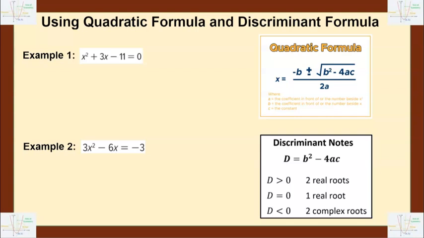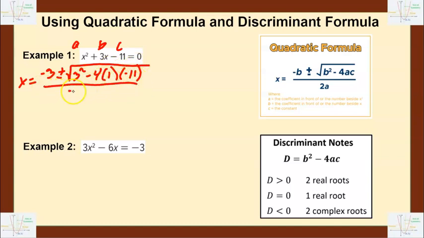So the quadratic formula, you're going to use this when it's in standard form, and we have to label our A, our B, our C. And then we're going to plug that into the quadratic formula. So I have x equaling the opposite of b, so we have -3 plus or minus the square root of b squared, so 3 squared minus 4 times our a, which is 1, times our c, which is -11.